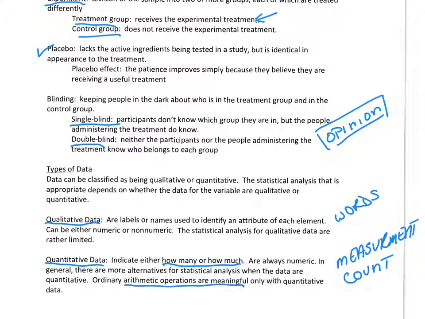If your zip code is bigger than mine, it doesn't mean you have more of something than I do. It doesn't make sense to subtract zip codes. So they're not numbers that are actually measurements or counts or what we usually think of as being numerical quantities. Those are qualitative again.